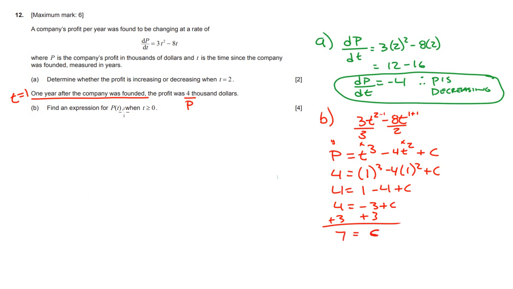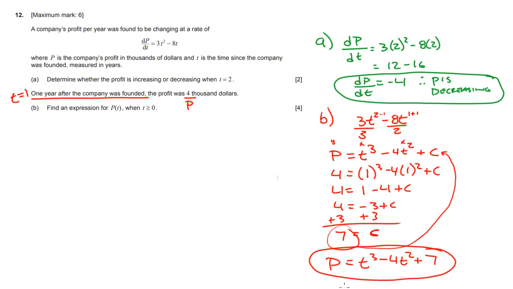It says find an expression for P(t) when t is greater than or equal to 0, so now we take that 7 and plug it back in for the c. Our ending piece here is profit equals t cubed minus 4t squared plus 7. This is our equation.